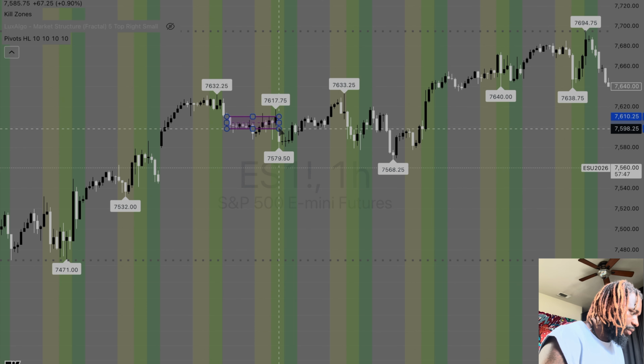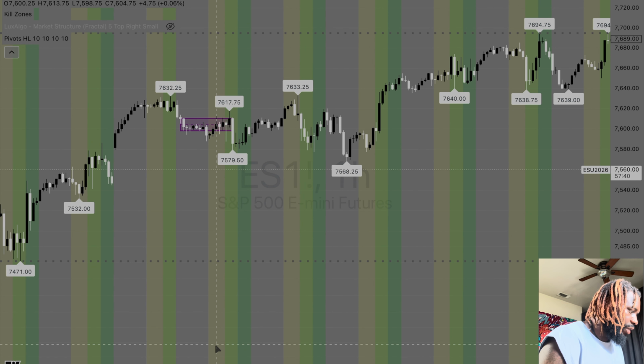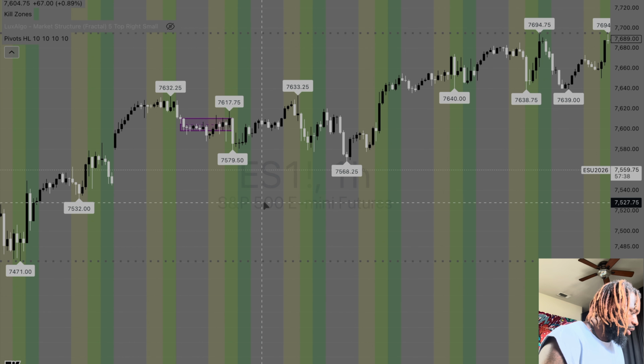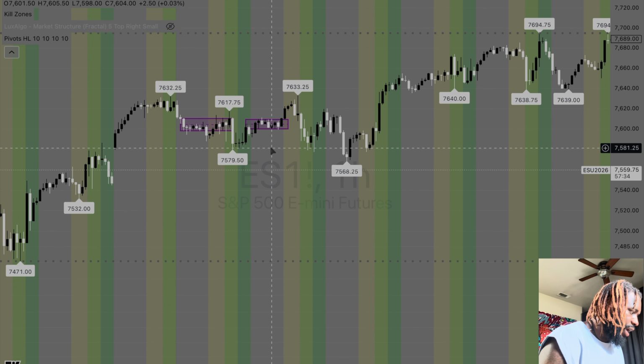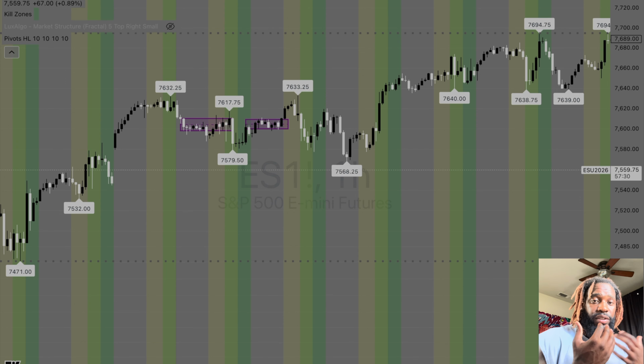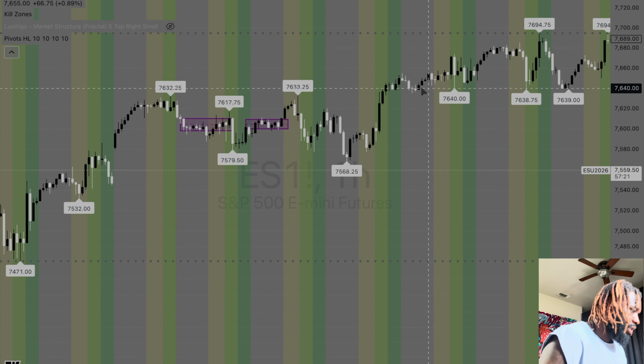So these are some even highs and lows in here. You get a little breakout, fake out, and then price basically stays in that range. You've got probably another one here where price is just making even highs and even lows. And then when price is done ranging, it breaks out to one side and then maybe goes back the other way, right? So these are little areas of consolidation.